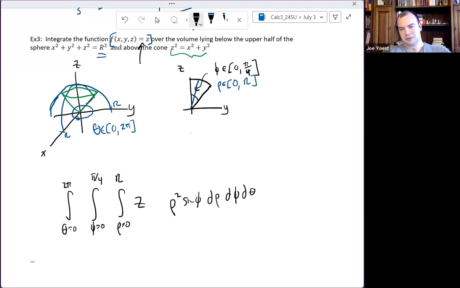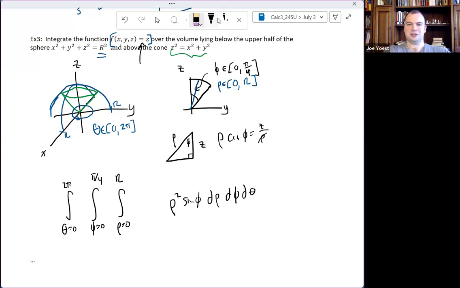And then, of course, remember that this is my angle phi here, and this is rho, and this is z. So I have cos phi equals z over rho, so z equals rho cos phi.